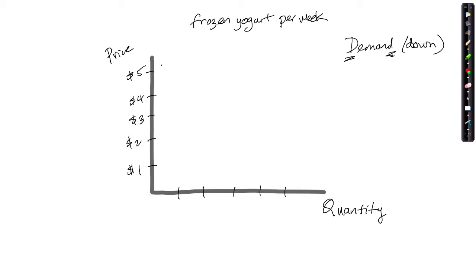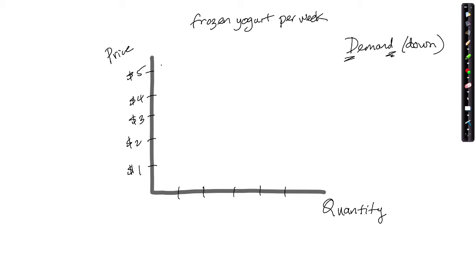That's good. All right, so the demand curve, the idea is we have surveyed all the possible buyers of 6-ounce cups of chocolate flavored frozen yogurt and asked them how many 6-ounce cups of chocolate flavored frozen yogurt would you buy in a week if the price of a 6-ounce cup of chocolate flavored frozen yogurt was $1. We added up their answers. So this person would buy none, this person would buy 6, this person would buy 1.